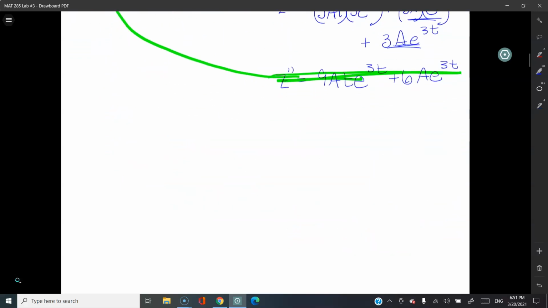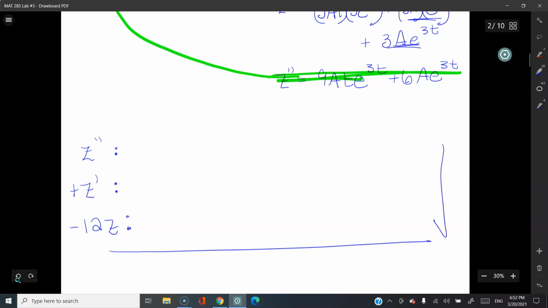So I like to do this. I like to say z double prime plus z prime minus 12z. And I'm going to write out what each of these is equal to, and then I'm going to combine them. Because there's going to be a lot of like terms within these three different functions.